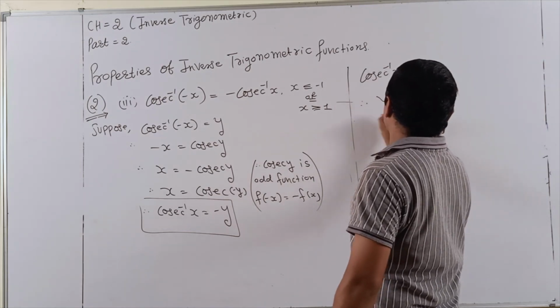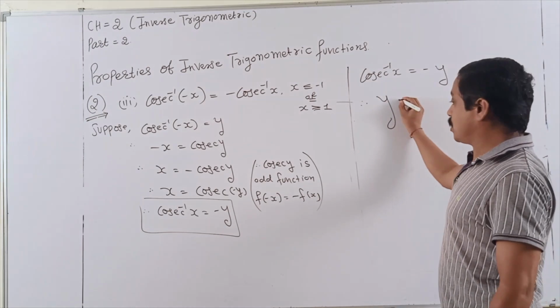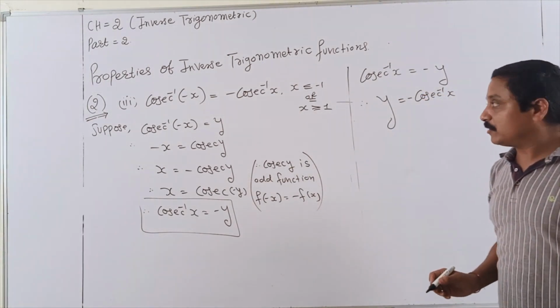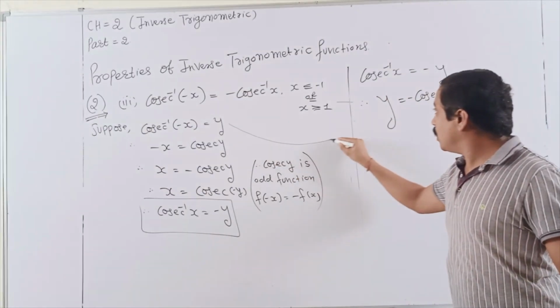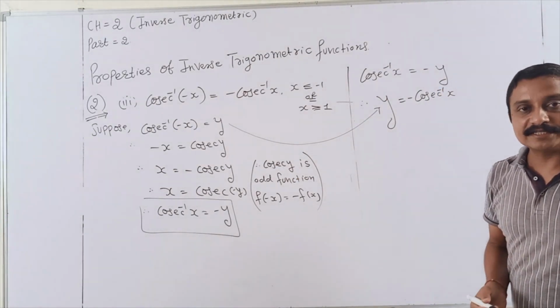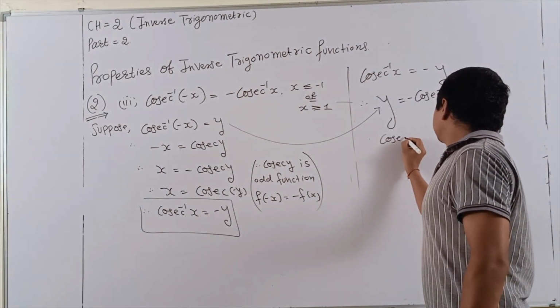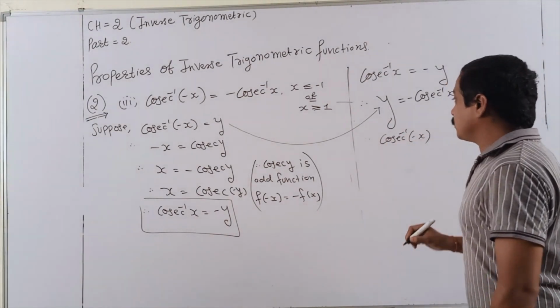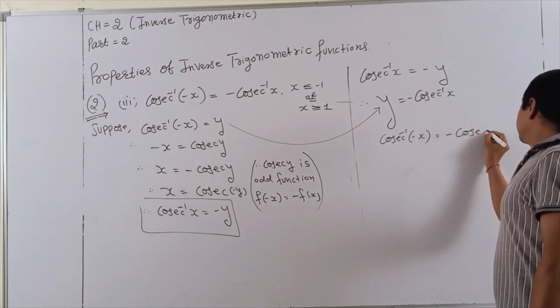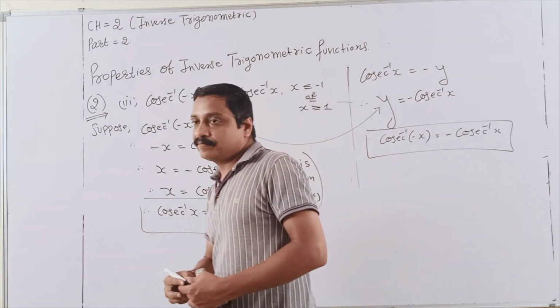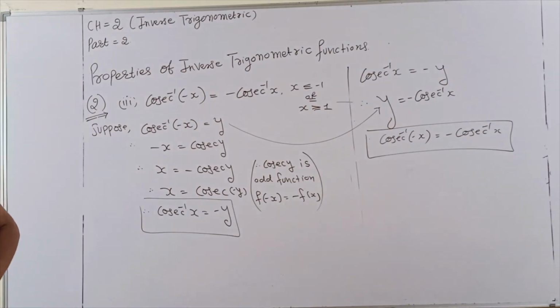So what about y? Yes, y is minus cosec inverse x. Now students, this y value already assumed, putting it there, my answer is done here: cosec inverse of minus x is equal to minus cosec inverse x. And easily this theorem 2 ends here.